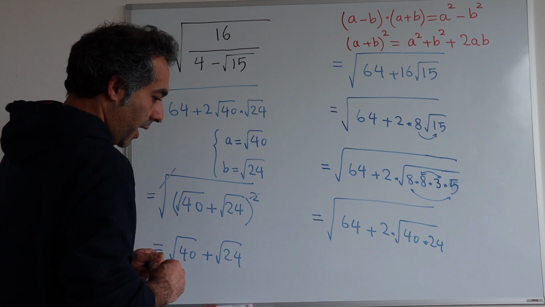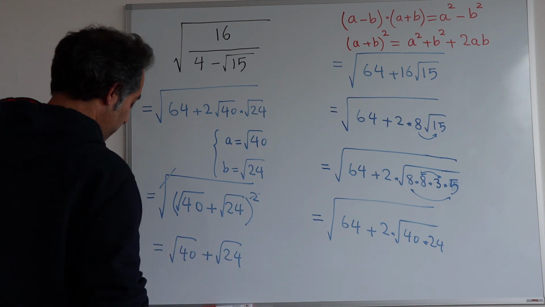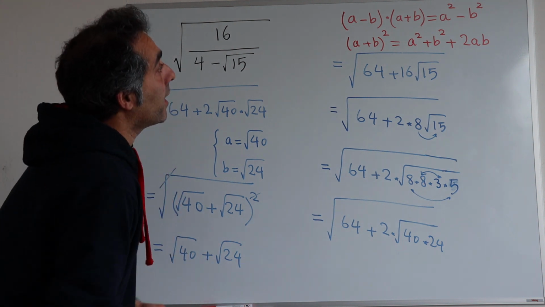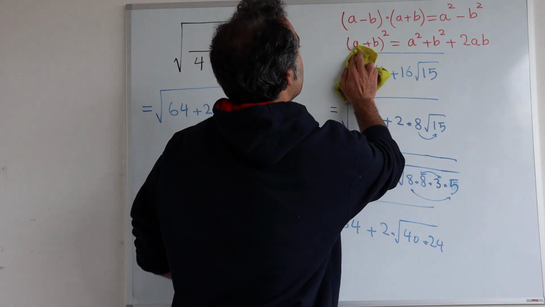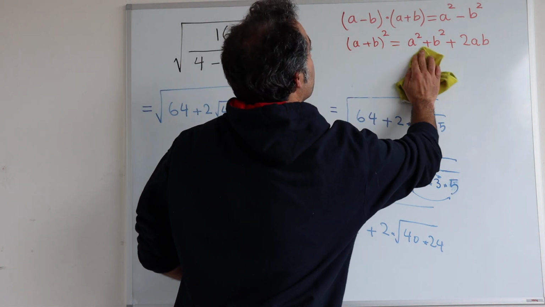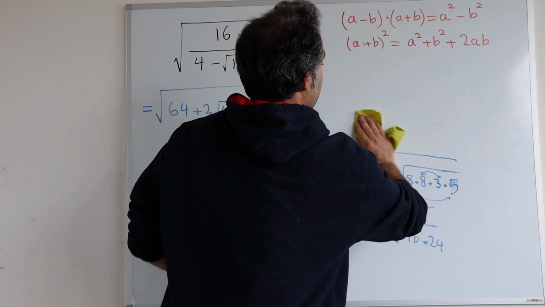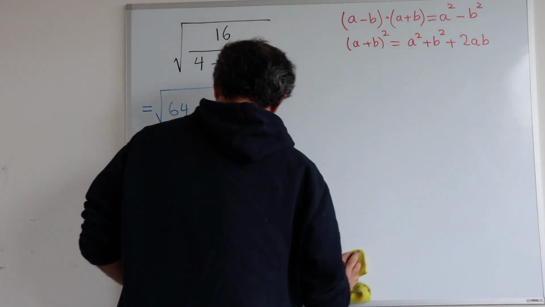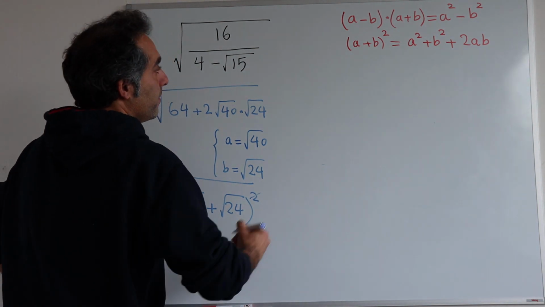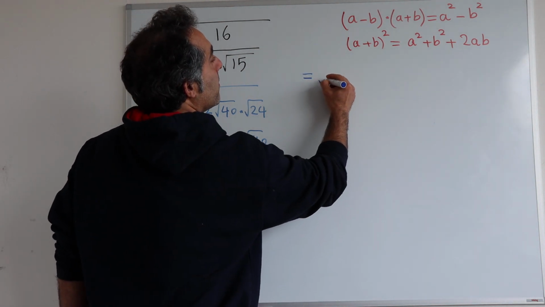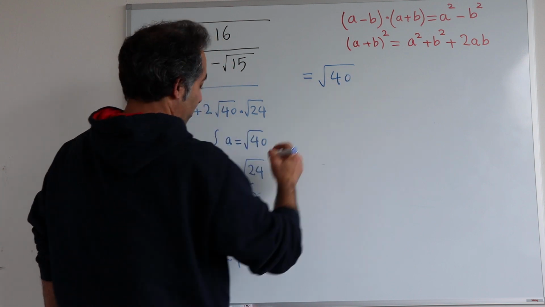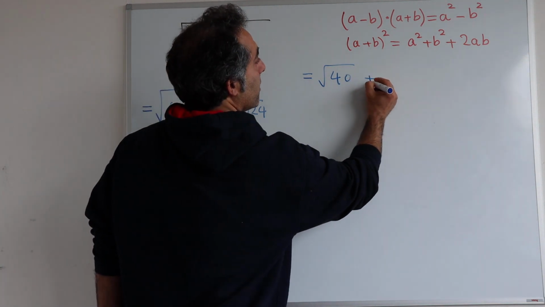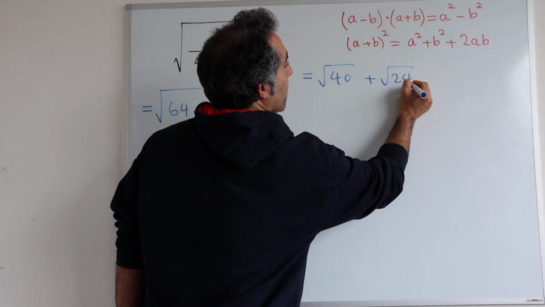But maybe I can go further with this expression. I can erase here and go further with these numbers. How? Square root of 40, I write it again here, and square root of 24.